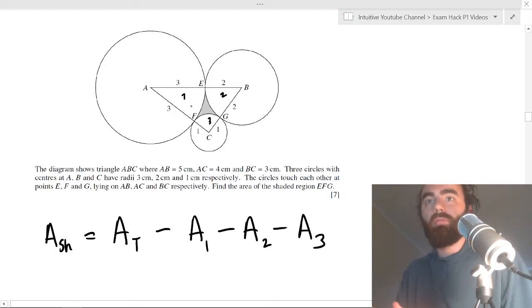So this big triangle minus the sum of the areas of these sectors. So all we have to do is find these components individually. So why don't we just start with the triangle here.